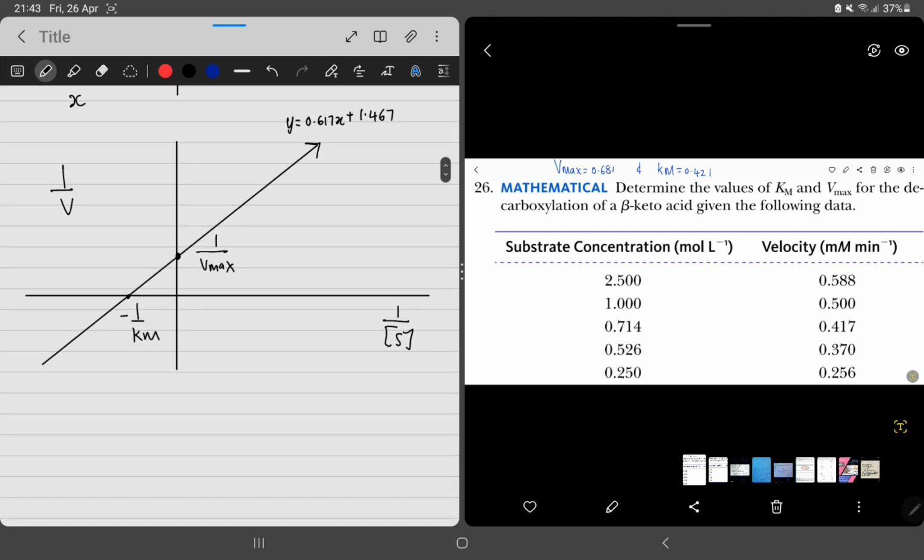Okay. So the reason why we do all of this is for us to be able to calculate the Vmax value as well as the Km value. So you can see that on the y-intercept, we have the reciprocal of the Vmax. So this is what you're going to do. You'll say 1 over Vmax is equal to your y-intercept.